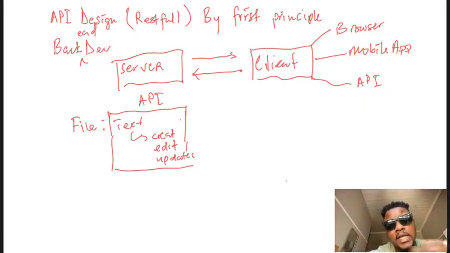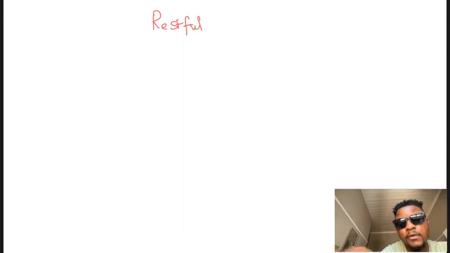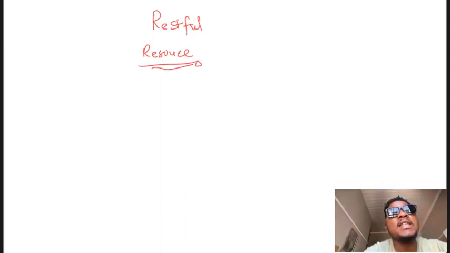And so REST in first principle, RESTful in first principle, we identify files, we abstract the idea of files into a resource, right? A resource. By resource, what do we mean? A resource is anything. It can be a file, it can be your name, it can be a media file, it can be an image.